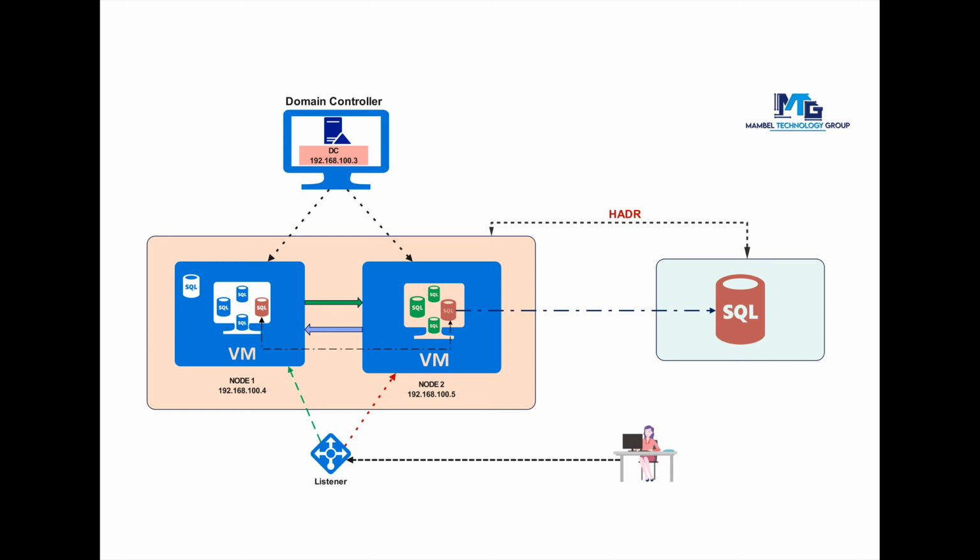But what is high availability and disaster recovery solution? And if you must know, these are two different concepts. High availability is one concept, disaster recovery is another concept. So, high availability and disaster recovery is a combination of these two concepts, which gives a possibility to have more redundant data in your environment, especially when dealing with critical and mission critical data.